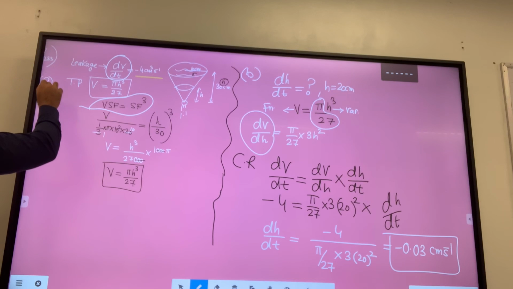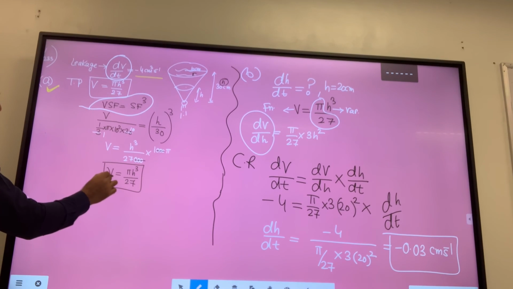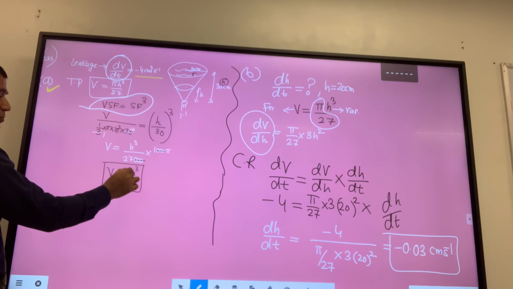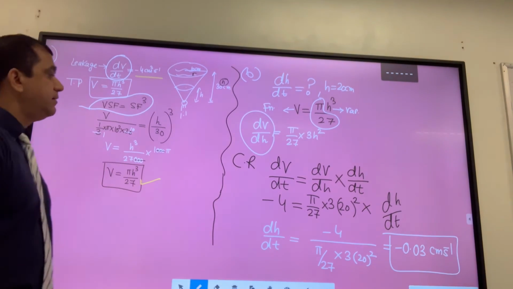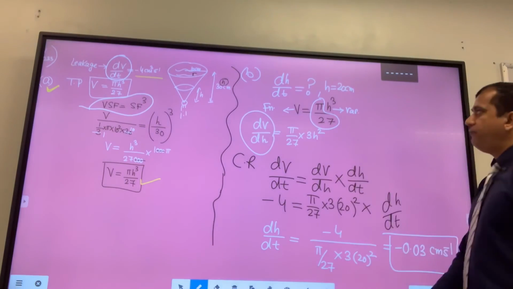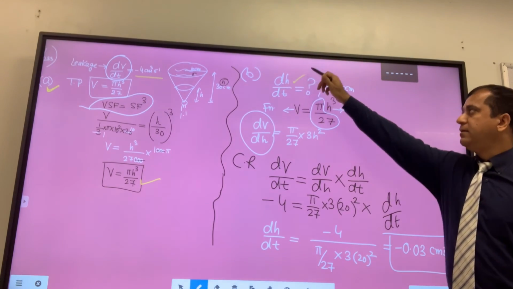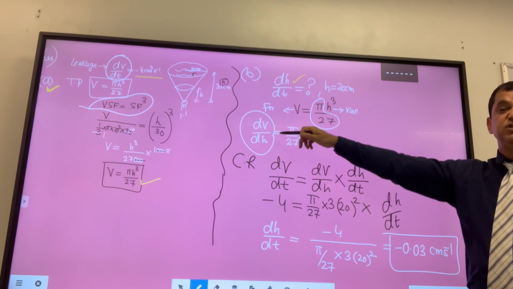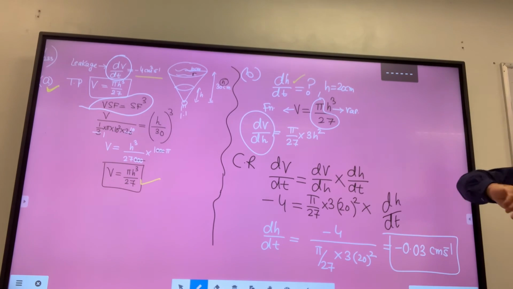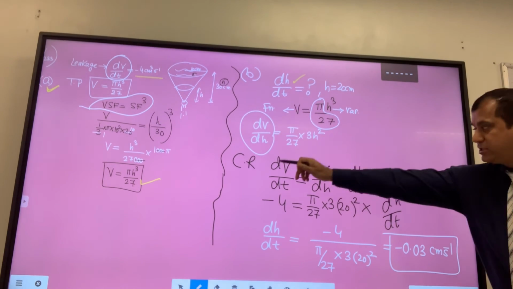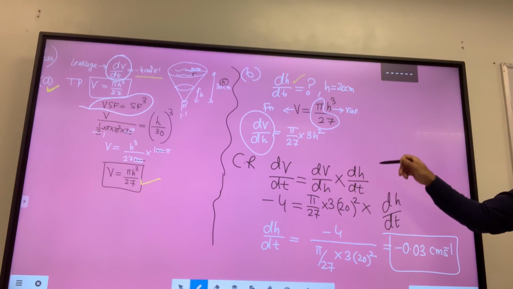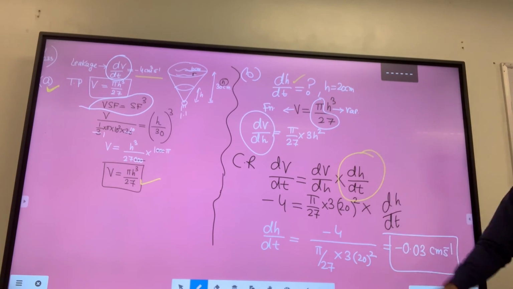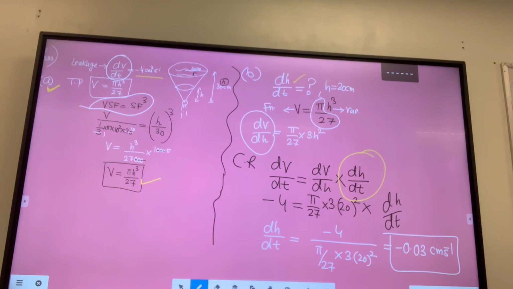From there, we go to A part and prove that reducing volume is pi times h cube by 27. We did that one. Then by using chain rule, we were given here to find dh dt, rate of change of height with time. We find first dv dh, rate of change of volume with respect to height. Then we are suggested to apply chain rule. By applying chain rule, dv dt is dv dh into dh dt. From here, we find out dh dt as -0.03 centimeter per second. Is it clear? Thank you.